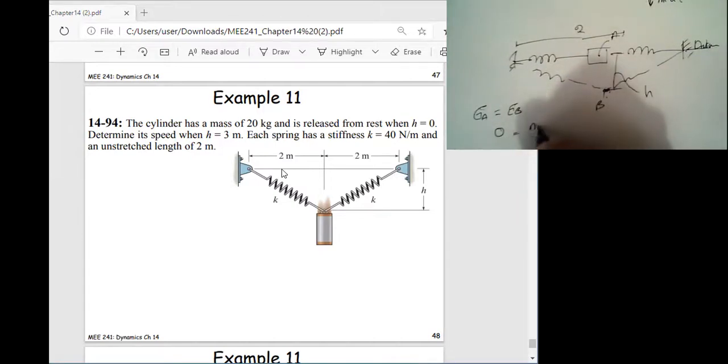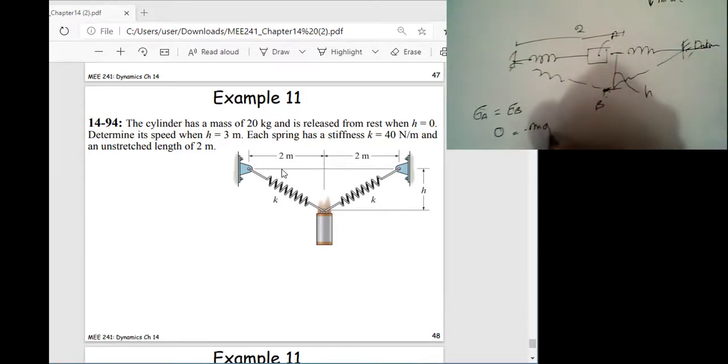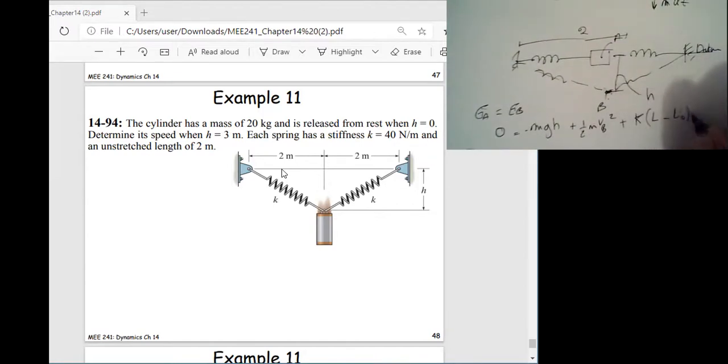What would that be? So we have a potential energy, which is minus, because my datum is here, right? So minus mgh, plus the kinetic energy of the block at B, so plus 1 over 2 m vB squared, plus the potential energy of two springs. So 1 over 2 times 2k, right? So it will be simply k times (L minus L0) squared.